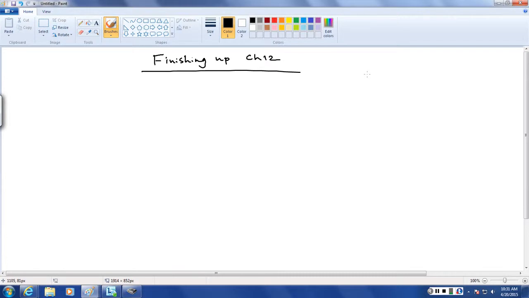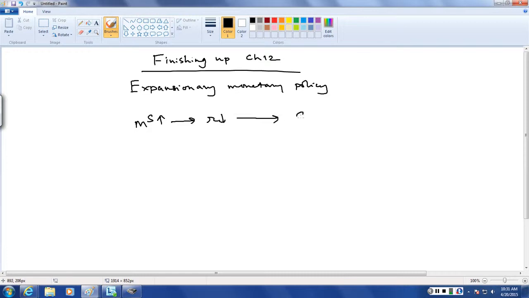Right? So up to now, we've learned that the sequence of events that describes expansionary monetary policy would be money supply rising. That causes the rate of interest to fall. The rate of interest falling causes consumption spending to rise, investment spending to rise, and also net exports to rise, correct?